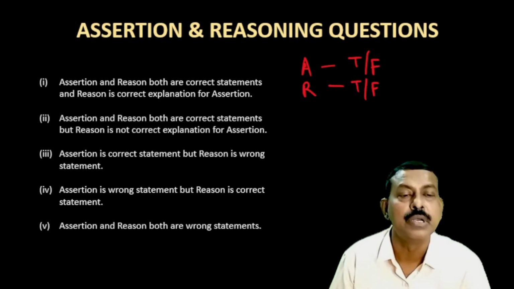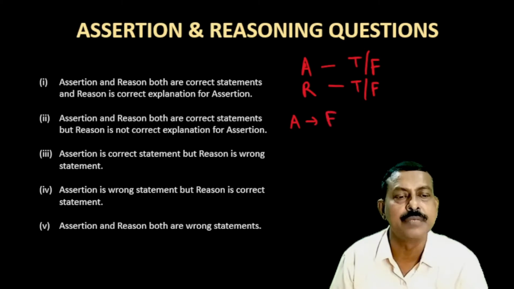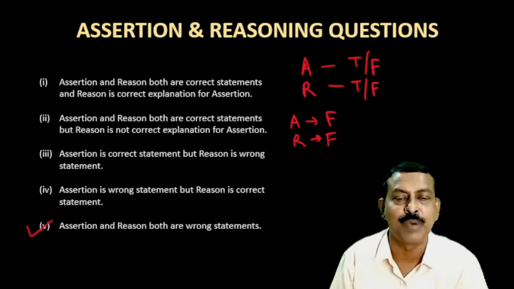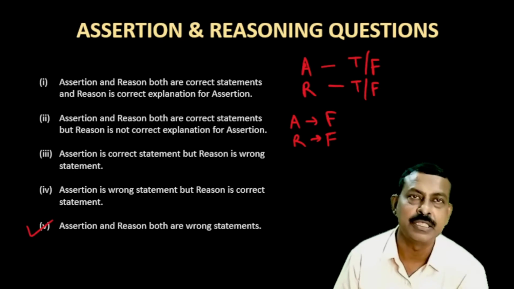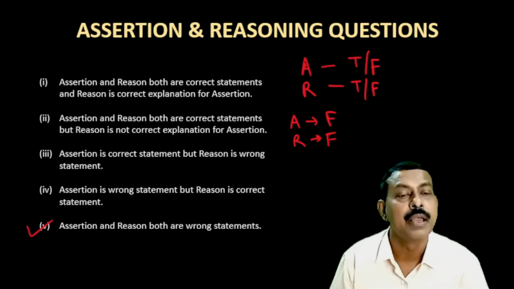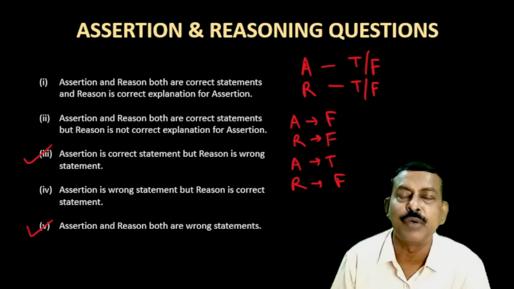So suppose you find that assertion is false and reason is also false. If both are false, that means the option which says assertion and reason both are wrong statements is the correct option. But if you find that assertion is true but reason is false, in that case it is the third one which is correct.